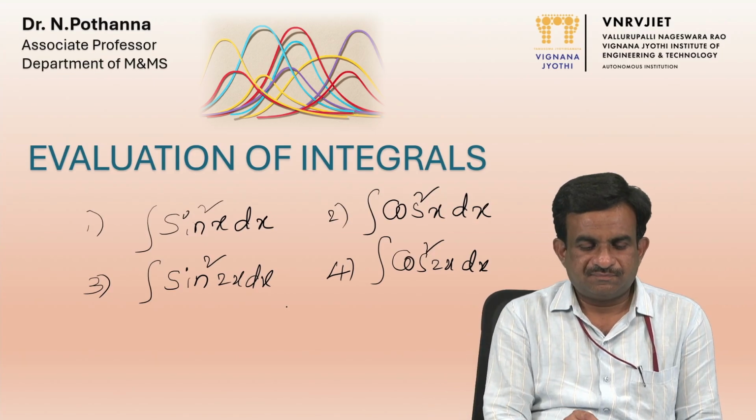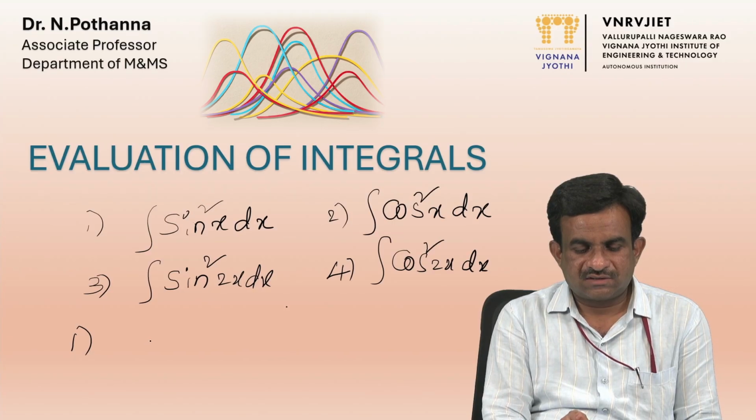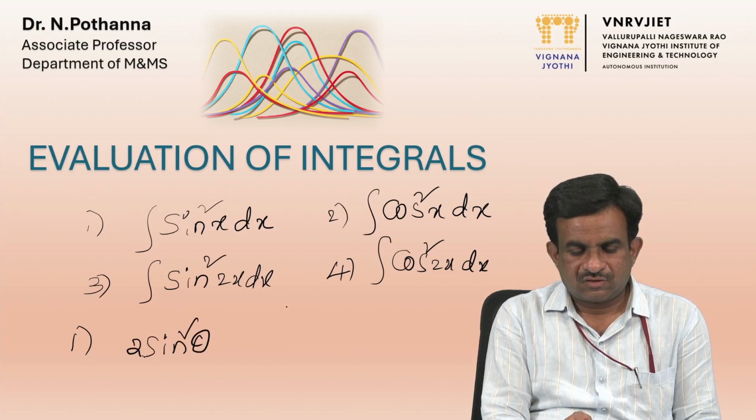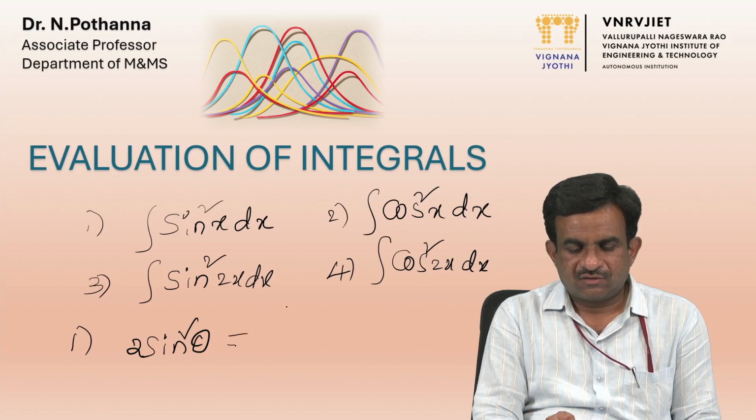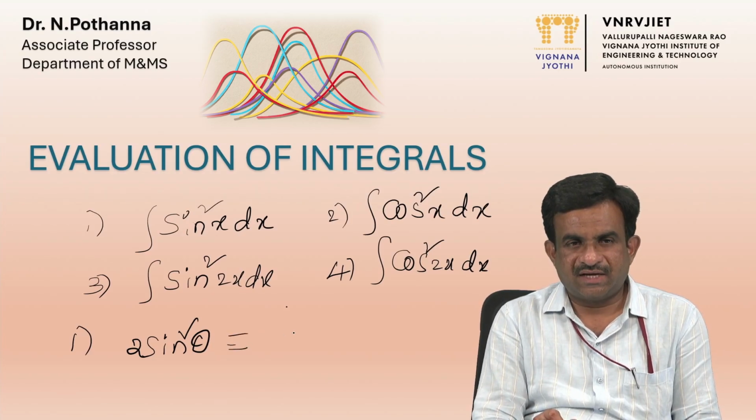So we know the basic formula of sin square theta, or 2 sin square theta. The formula of sin square theta or 2 sin square theta we know in terms of multiple angles.